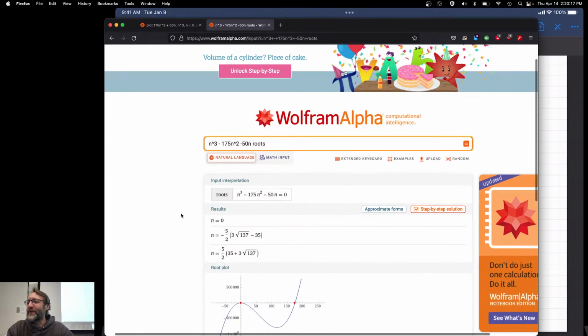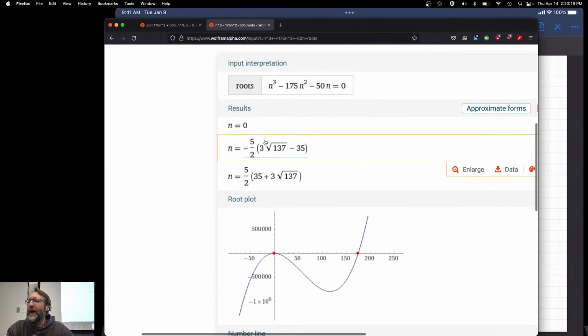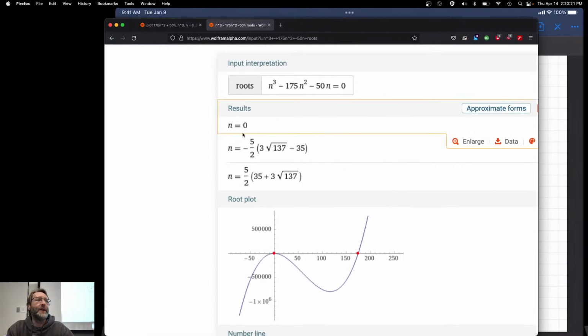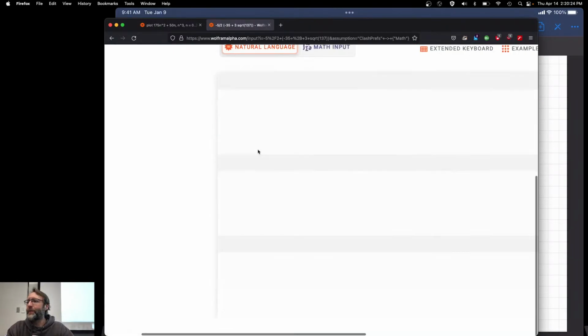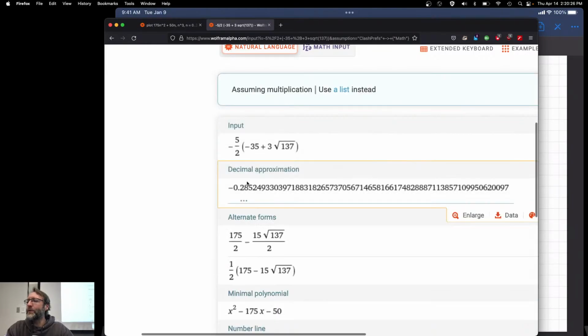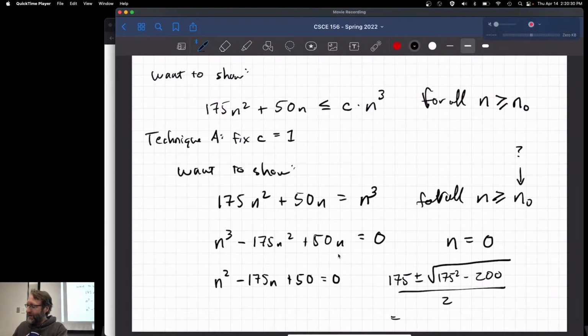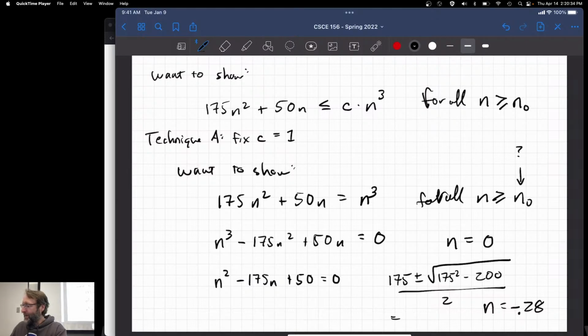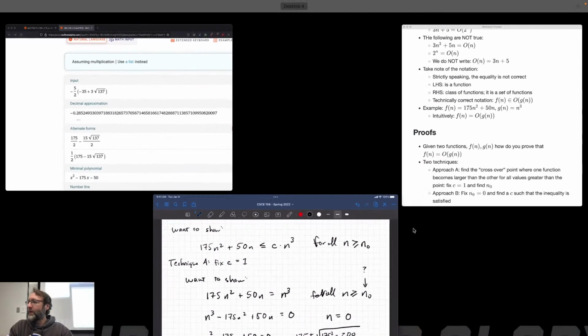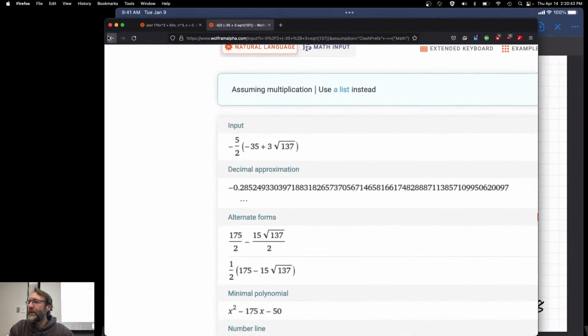Okay, and let me zoom in on that too because it's kind of small. Hey, there's that root that we were talking about, 0. Here's another root. So one of those roots is negative 0.28. Is that relevant? Why not? Because input sizes cannot be negative, right? All right, and then the last root is going to be, what was it, Wolfram Alpha?